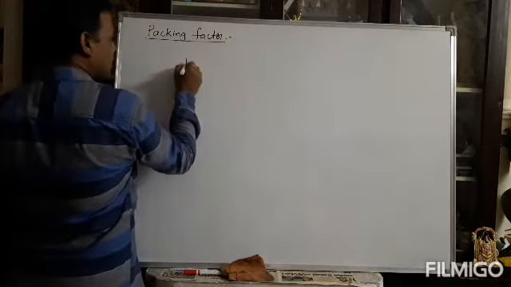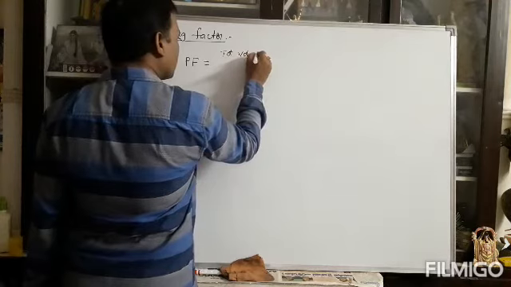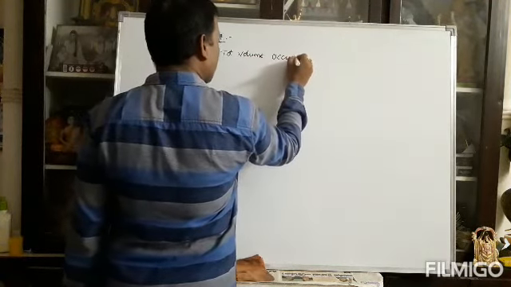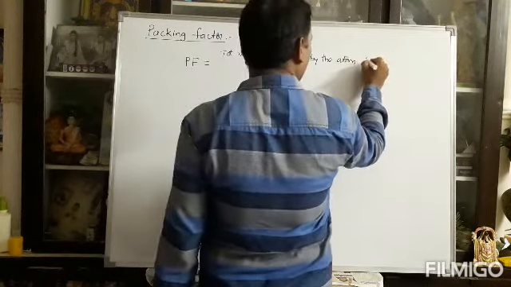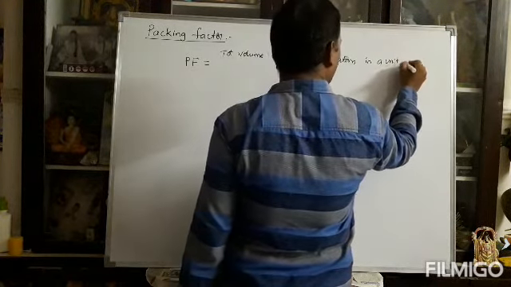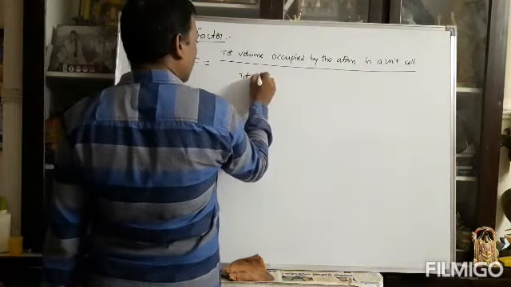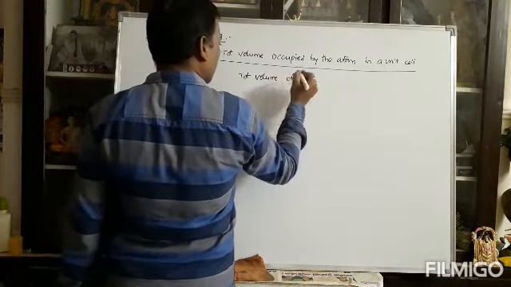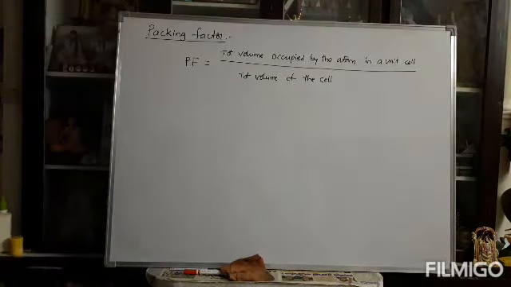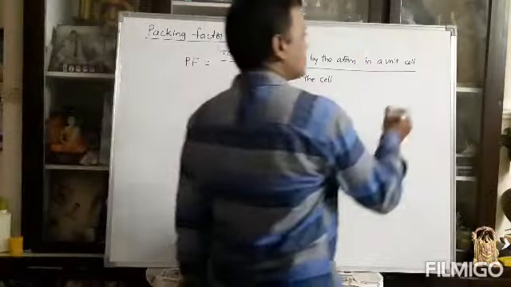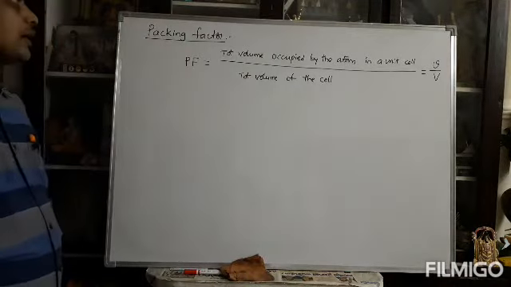Packing factor is equal to the total volume occupied by the atoms in a unit cell divided by the total volume of the unit cell, which is represented by small v divided by capital V.